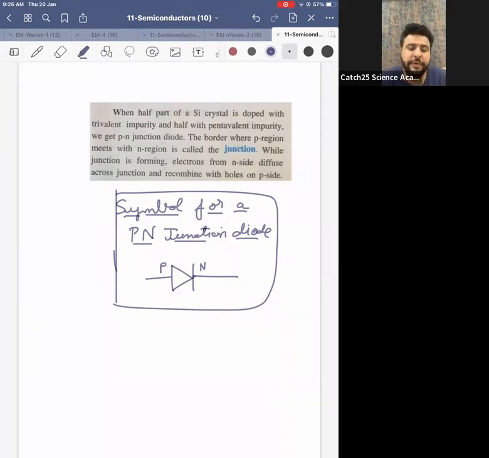In the previous section, what did you write? When a diode is not connected to any power supply, it is called unbiased diode. Therefore, can I say when a diode is connected to an external power supply, it is called a biased diode? Full stop.